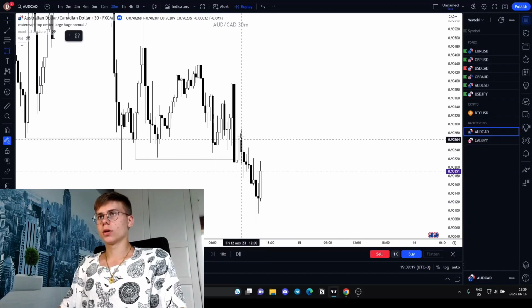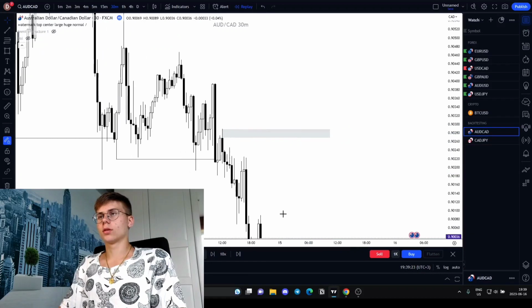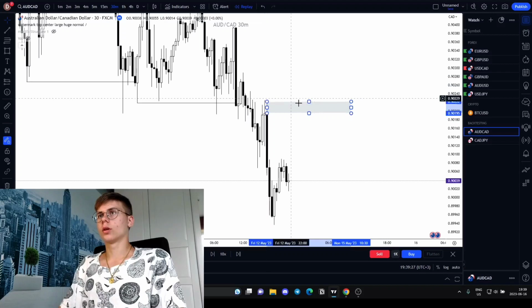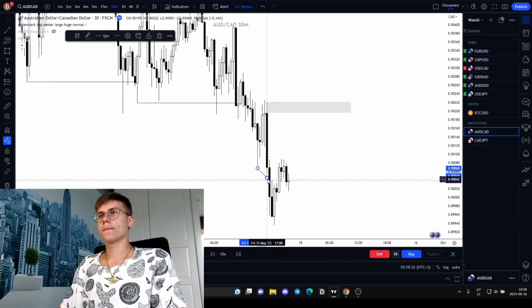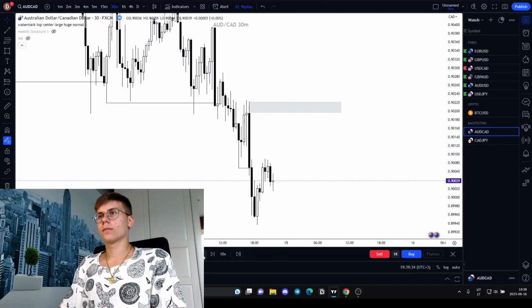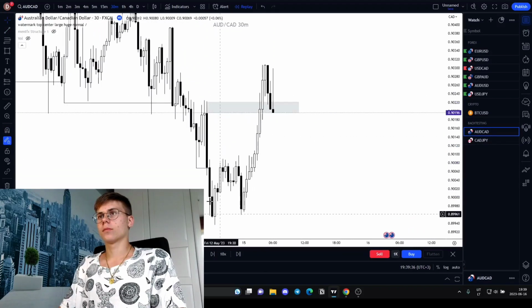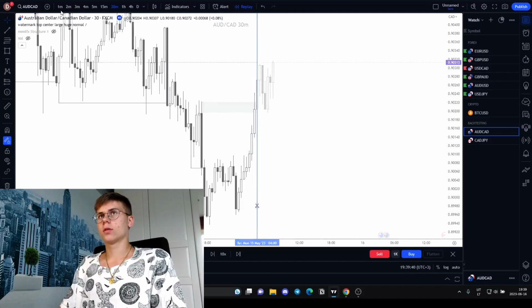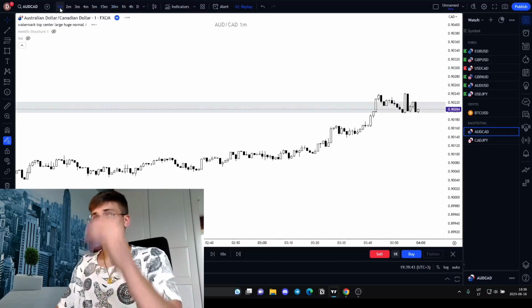That's why we can take this. Okay, another break, moving that supply zone down. Okay, too fast. So looking for a confirmation.